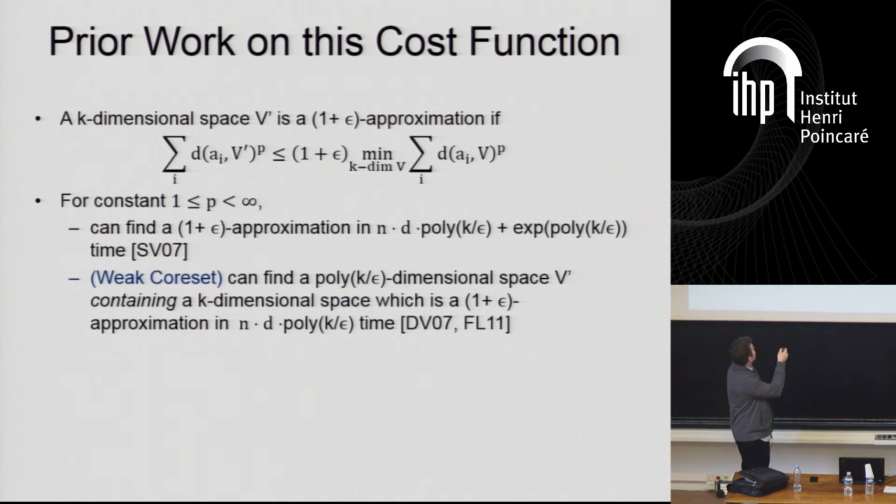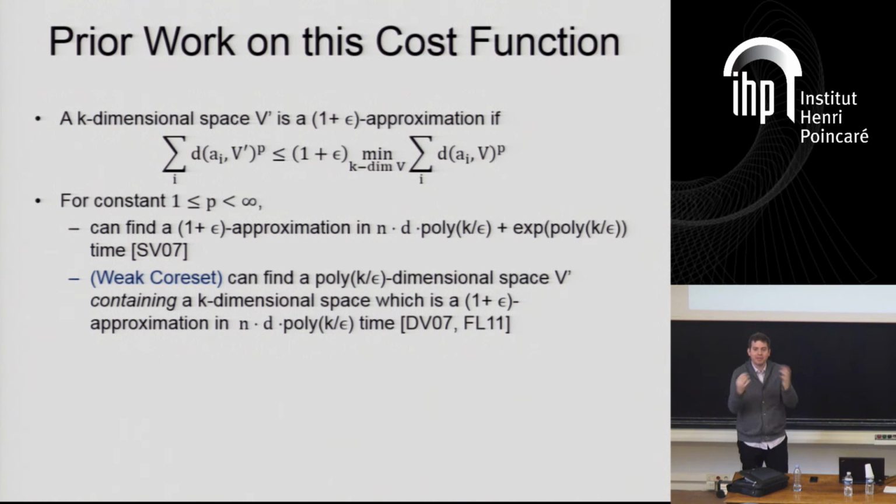If you don't like this large term here, then you can instead relax the problem to output what's known as a weak core set. And all that is, instead of outputting a k-dimensional space, I output a slightly larger dimensional space, a poly k over epsilon dimensional space. And the promise is inside of its span, there is a good k-dimensional space. It's just we don't know how to find it. And that's exactly where this hideous term is coming from.